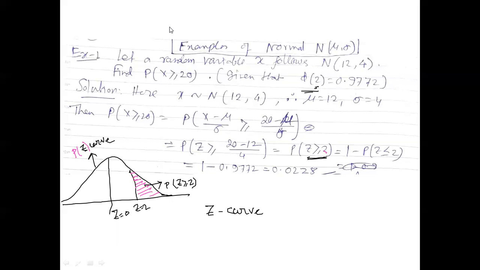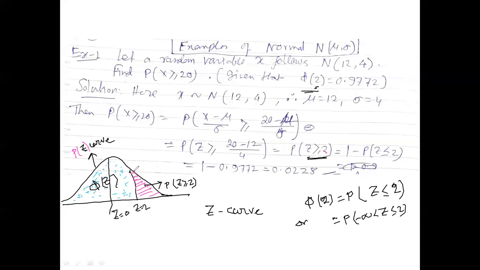Phi 2, this part is called phi 2, right? In terms of probability, phi 2 is the probability of z less than or equal to 2, or you can say phi 2 equals the probability of minus infinity less than z less than or equal to 2.